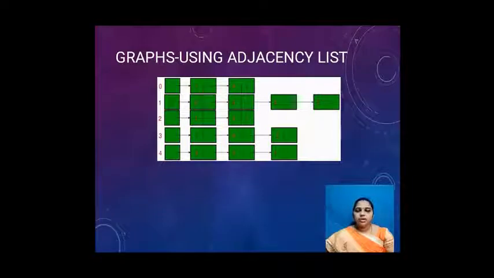From 2, there is a connection to 1 and 3, from 3 to 1, 4 and 2, and from 4 to 3, 0 and 1. Finally, in the adjacency list there are two parts: one is the data part and the other is the address part. Here the address part of the last node of the list represents the null value.